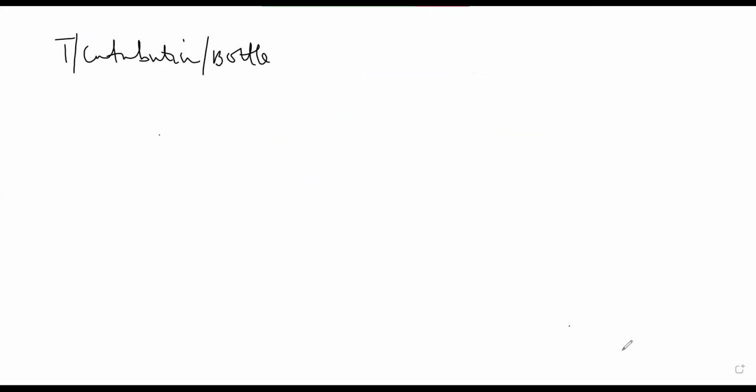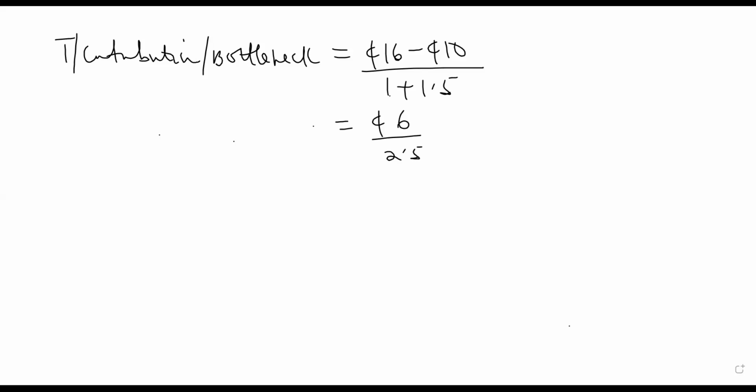The contribution will be 16 minus 10, and the bottleneck will be 1 plus 1.5. So I'll be having 6 divided by 2.5. What are we having? 2.4. Okay, so what you are giving is contribution per the bottleneck. Let's now count to factory cost.